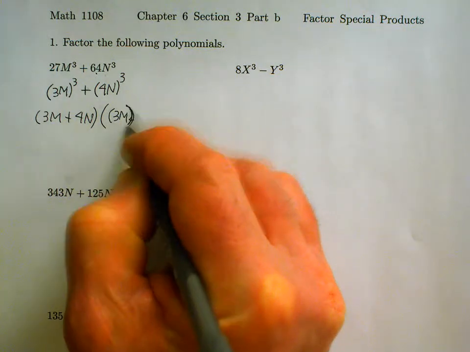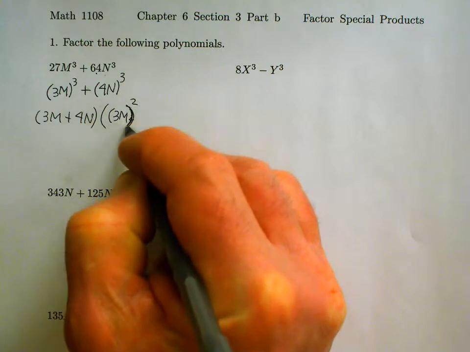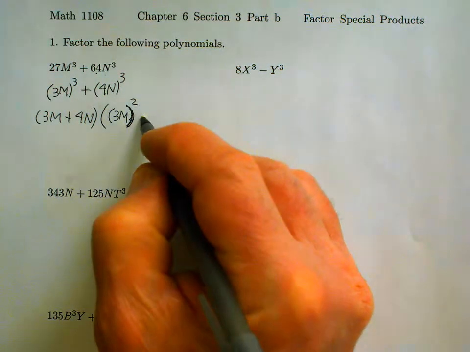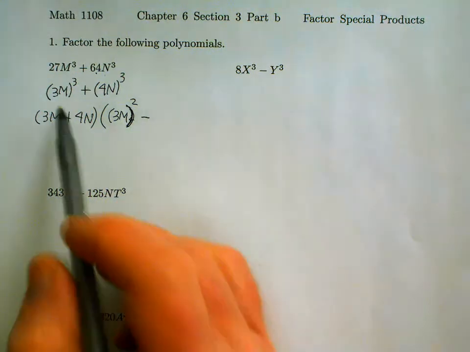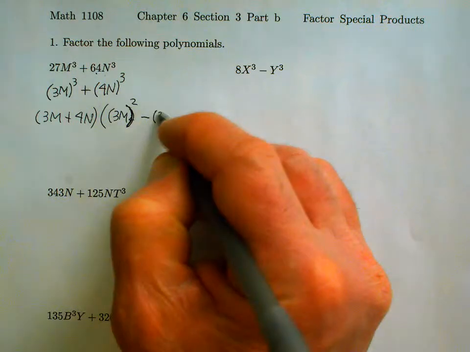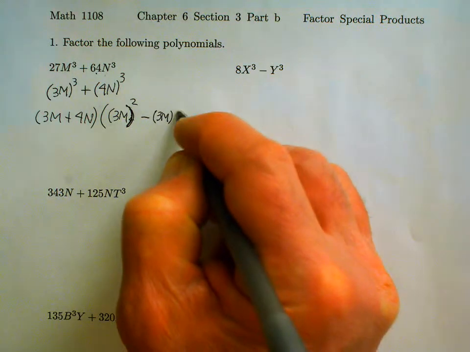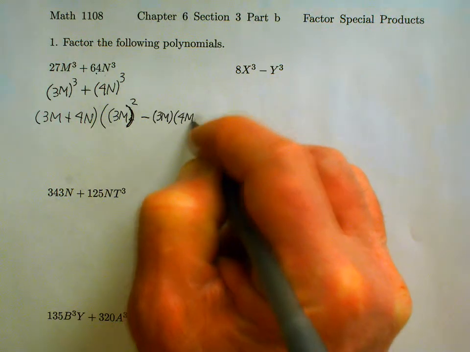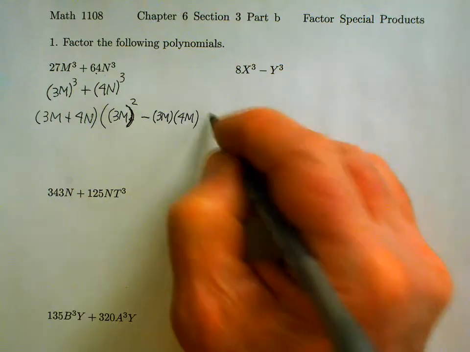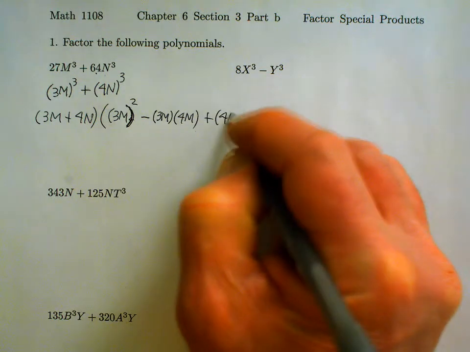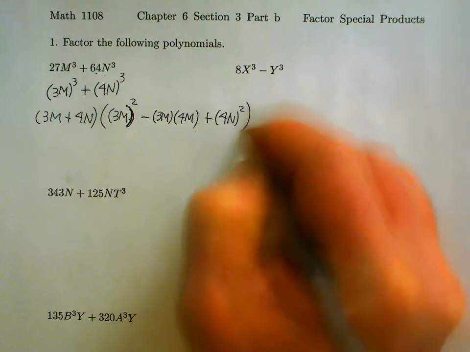We're going to subtract 3m times 4n. And then we're going to add the term 4n squared.